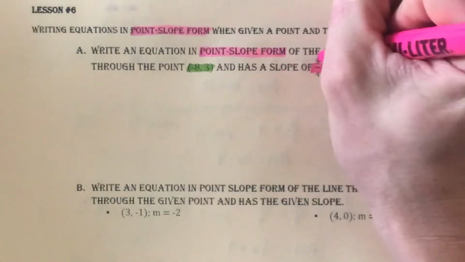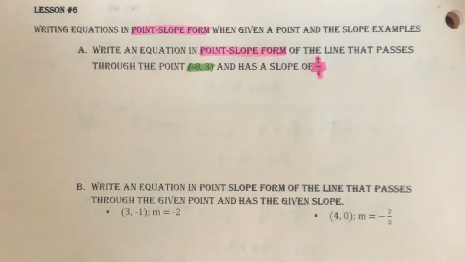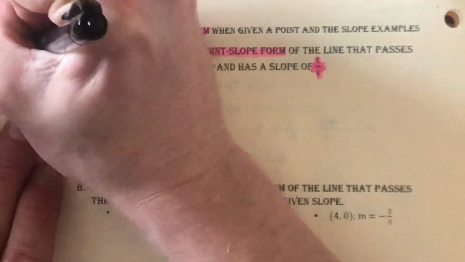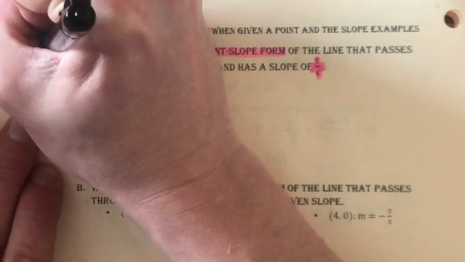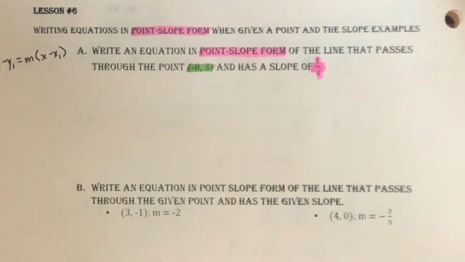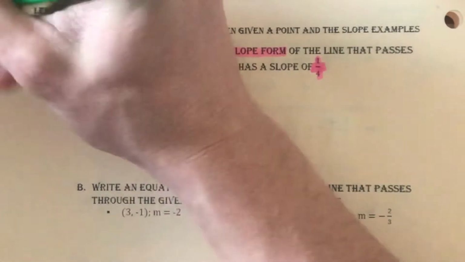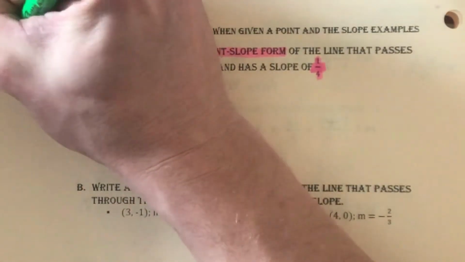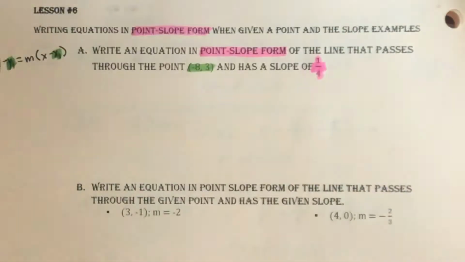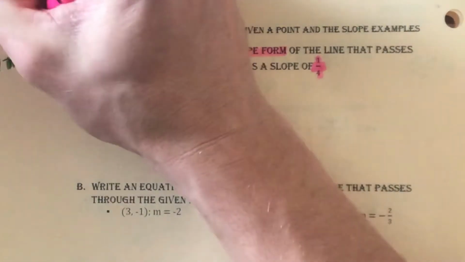So again, remind yourself that our point-slope form is y minus y1 equals m times parentheses x minus x1. When we go to plug that information in, we're going to plug the coordinate y1 there, the coordinate x1 there from the point, and then we'll plug the slope in right here.